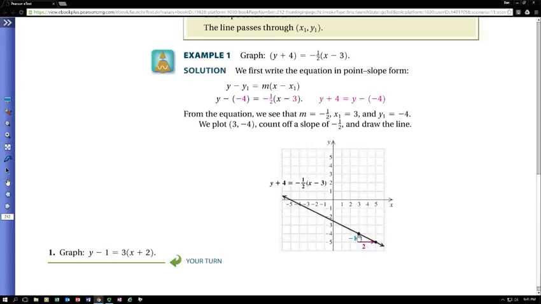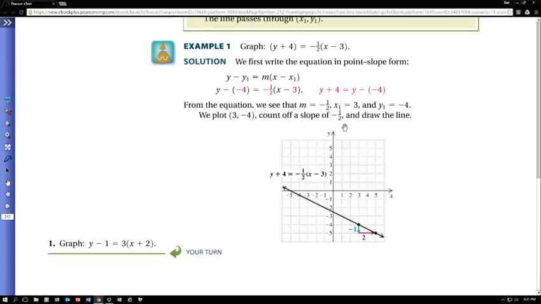It would mean when I'm on this point, this ordered pair I determined from this form, I go down 1 and to the right 2. -1, +2. Now, is that the only way to get the next point on this? Well, I could also think of slope -1/2 as +1 over -2. That means I would go up 1, and then over -2 would be to the left 2. Guess what? You're going to end up on a point on this same line.